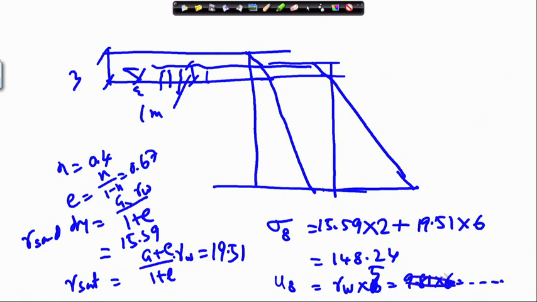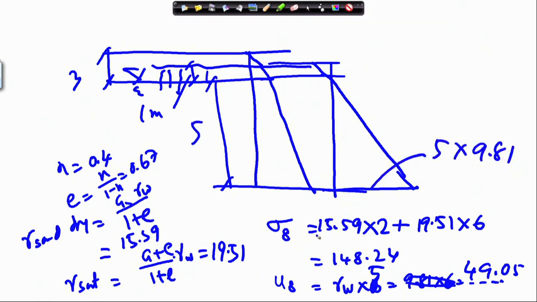So, it will be 49.05, and this depth is 5 meter. So, this is 5 into 9.81.